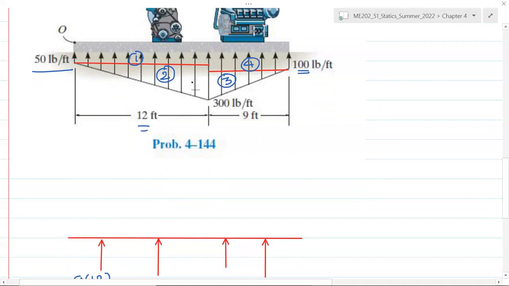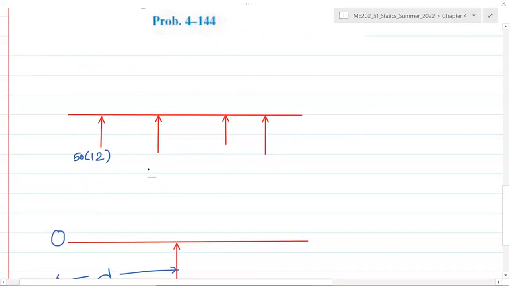The base is 12, and the height is this height. Since this is 50 and the total is 300, it's 300 minus 50, so this is 250. So it's 1/2 times 250 times 12. That's the second distribution.